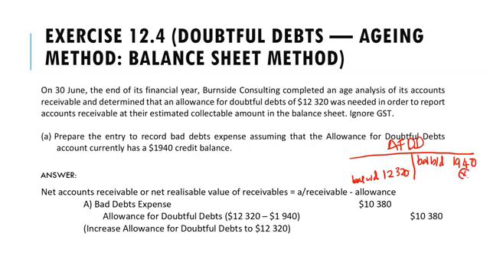This is your adjustment for allowance for doubtful debt. So the difference is 10,380. That will be your bad debt expense. That is an increase in allowance for doubtful debt by 10,380. So debit bad debt expense and credit allowance for doubtful debt 10,380.